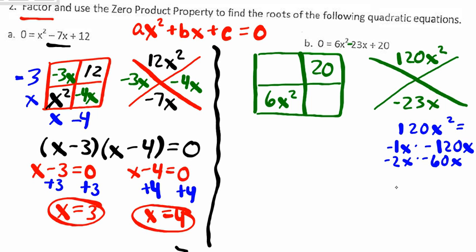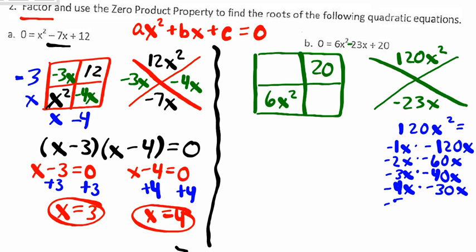Still not the sum that we need, so negative 3x times negative 40x, we're at negative 43x, so we're getting closer, but we're not there yet. So negative 4x times a negative 30x, well, we're at negative 34x, so we're getting a lot closer here, but we're still not to the answer that we want.